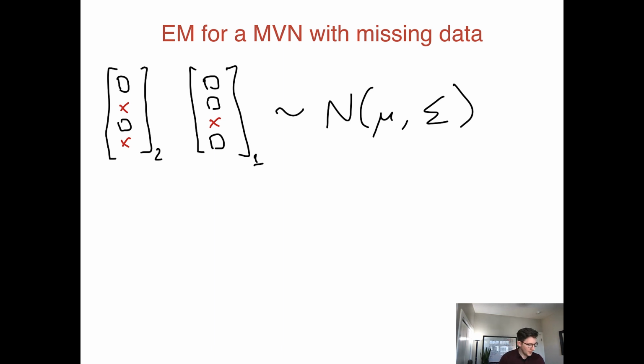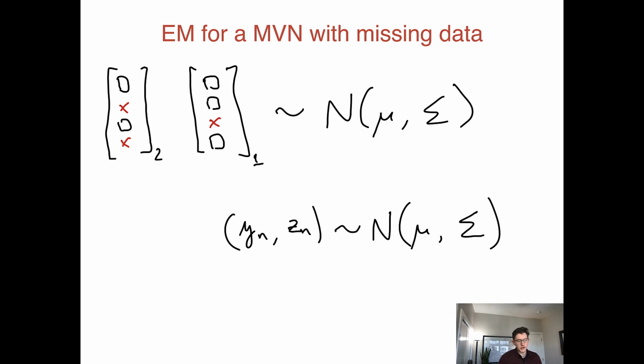So let's define this a little more precisely. For each example n, we're going to define yn as the present data values and zn as the missing values. And we're imagining that they are jointly distributed according to this normal distribution.